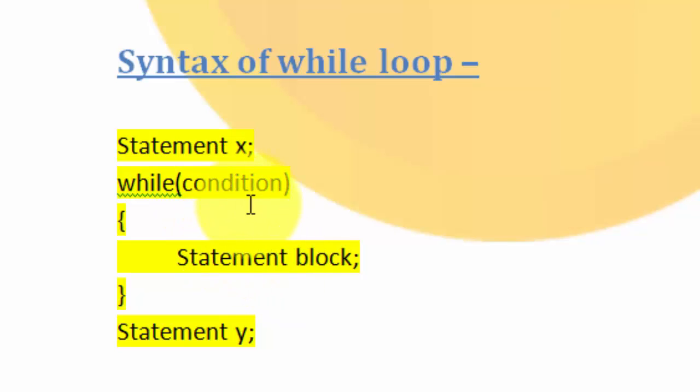If the condition is true, then only the statement block will be executed. Else, it will jump straight out to statement y. Now, after while loop there is do while loop.